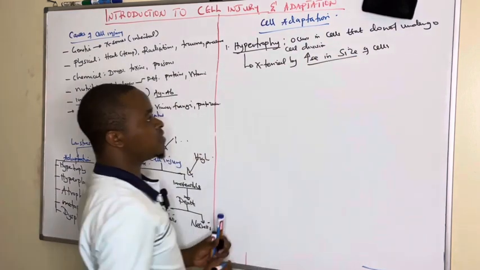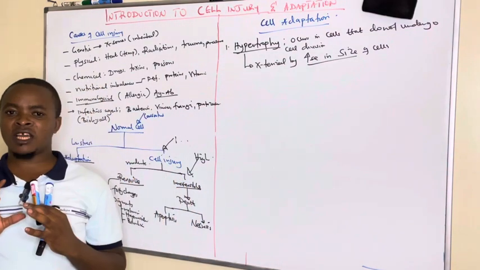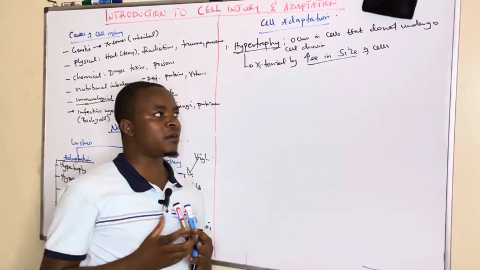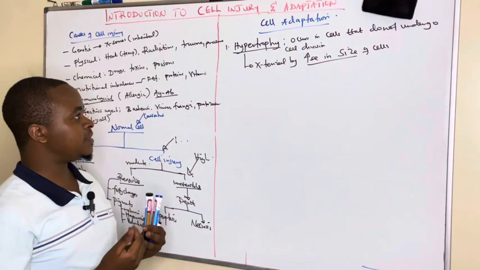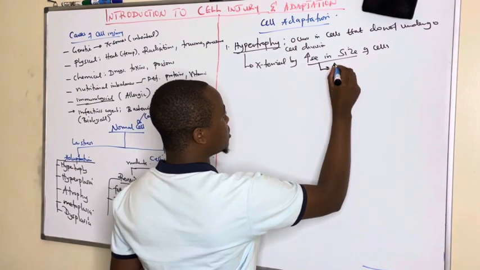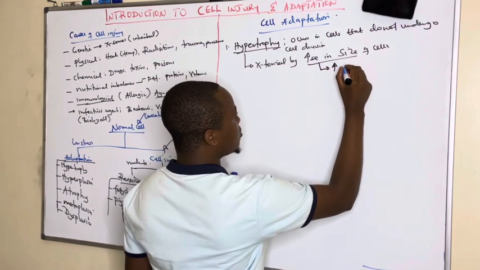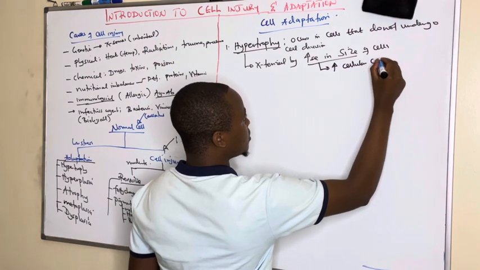So there is increase in size. So in these cells which do not undergo cell division, like the cardiac muscles, we see them increasing in size, and what increases size is due to increase in cellular organelles, or increase in cellular components.